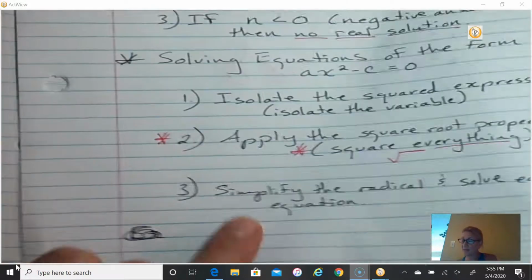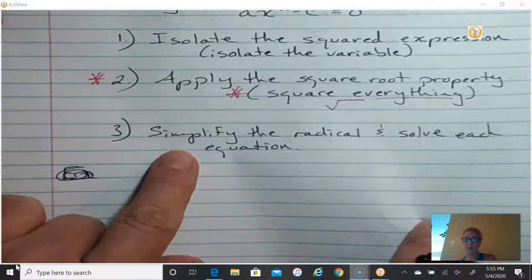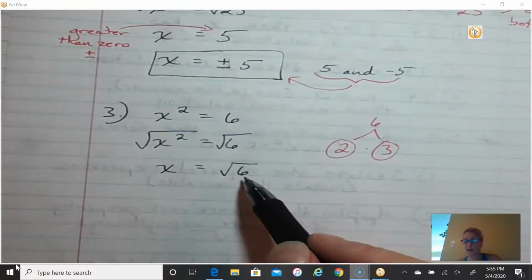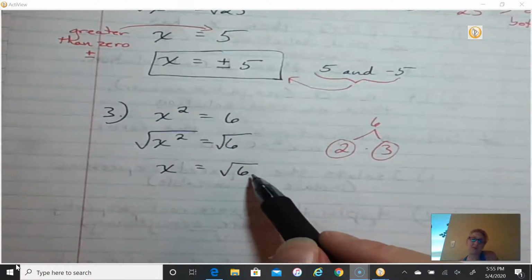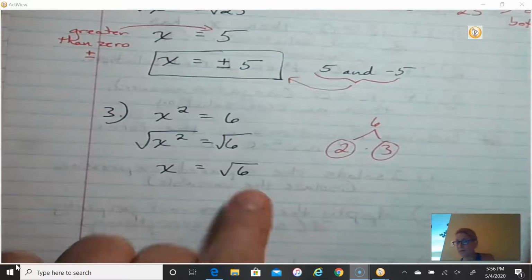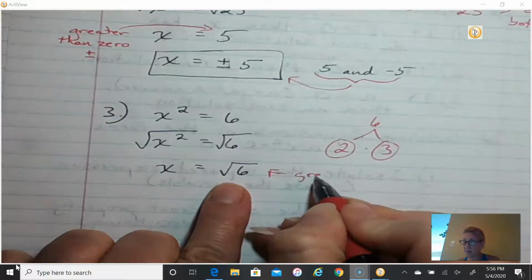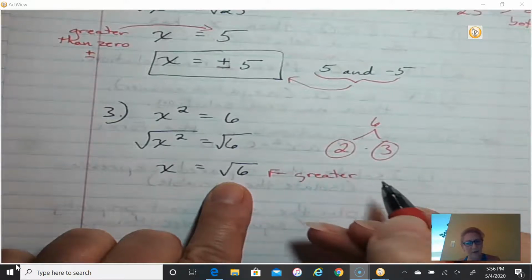Here, look, let me show you. That's number 3. Number 3 is simplify the radical and solve each equation. Well, we're supposed to be simplifying here, and there's nothing to simplify. It's already simplified. However, that is greater than 0. Is that a negative number?